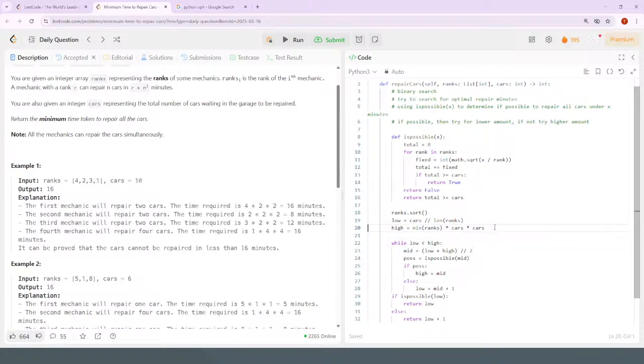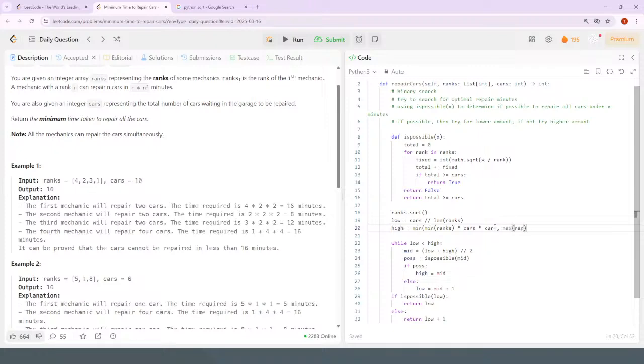So how would that work? It would be the highest rank doing the average amount of cars. Okay, so it'll be between the lowest person doing all the cars or the highest person doing the average amount of cars.